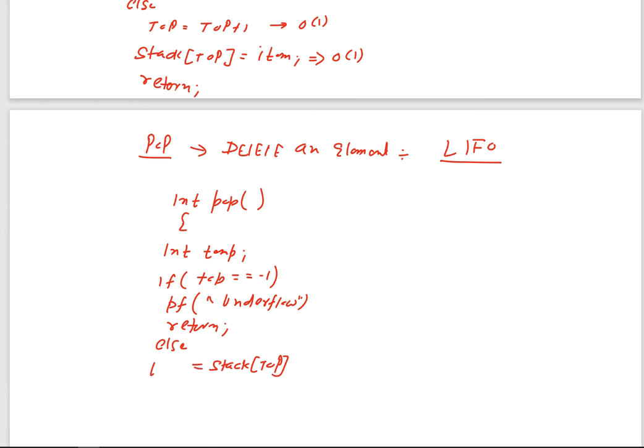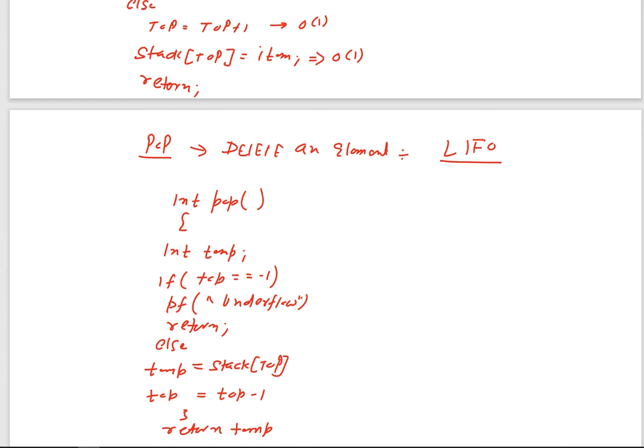I just need to hold it inside temp, so that I can later print that this is the deleted element, and I decrement top by 1, and I can simply return temp. Okay. So this is the pseudocode for deletion of an element from the stack.